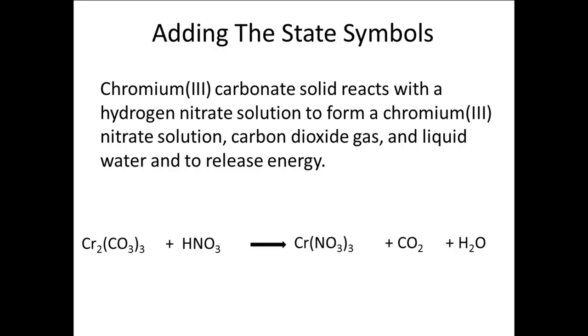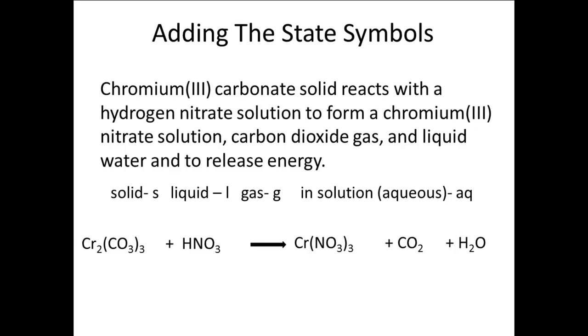If the information is given in the sentence, then we should add symbols which indicate what the state of each particular substance is. There are four main state symbols. Solid is s, liquid is l, gas is g, in solution, or aqueous, aq. Aqueous means in water.